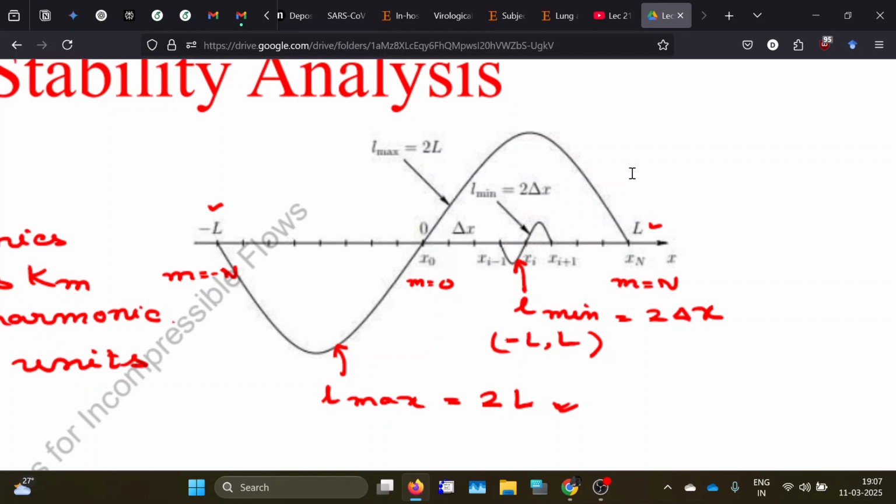Exactly. So in the continuous case, when we did f of t equal to the sum of sines, k was a continuous variable and the number of terms in that series was infinite. Now that is in a continuous sense. In a discrete sense, I cannot really get all the wavelengths. I can only get discrete wavelengths. And even within that, there is a maximum one, which goes from minus L to L in this case.